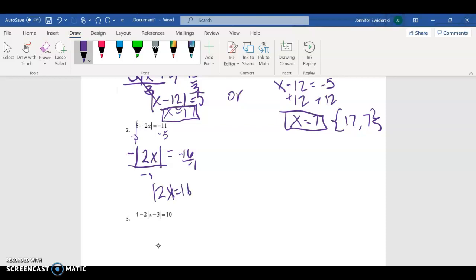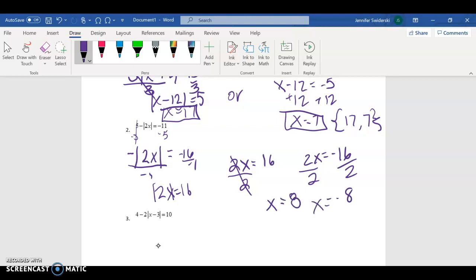So we're going to have two answers. 2x could equal 16, or 2x could equal -16 because of my absolute value brackets. I'm going to divide both sides by 2, and I get x is equal to 8, okay, and x could equal -8.